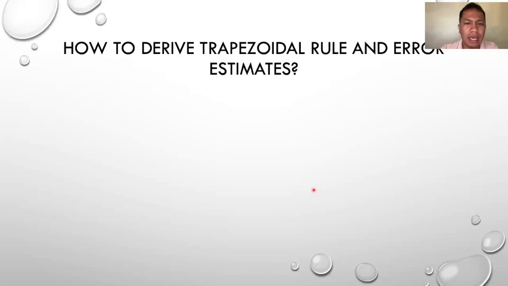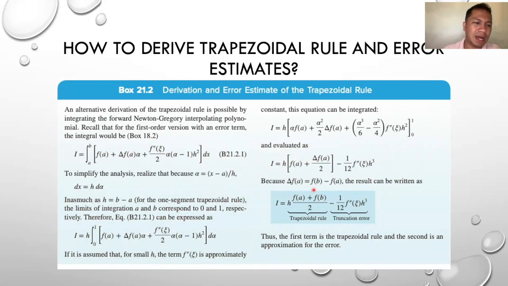How do we derive the trapezoidal rule as well as the error estimates? Going back, an alternative derivation for the trapezoidal rule is possible by integrating the forward Newton-Gregory interpolating polynomial. Recall that for the first order version with an error term, the integral would be like in Box 18.2.